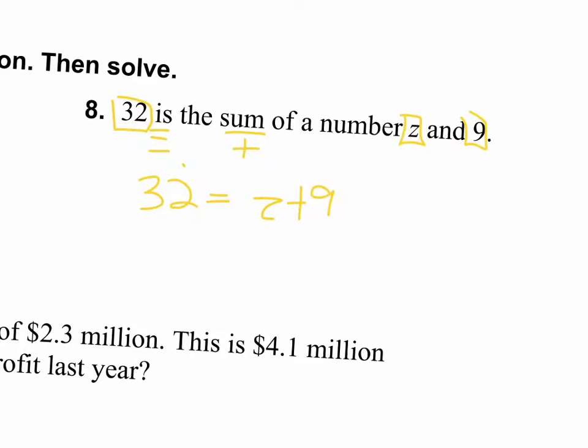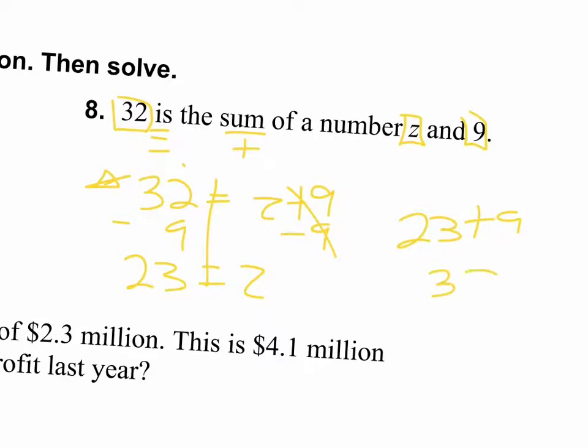That's the answer for writing it out. And then we draw our line, we subtract 9, we get z is equal to 23, and it's a positive, and then you can go ahead and check 23 plus 9, which does give you 32, okay? So my answer is 23 equals z.